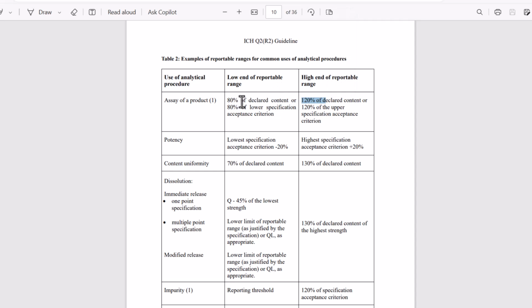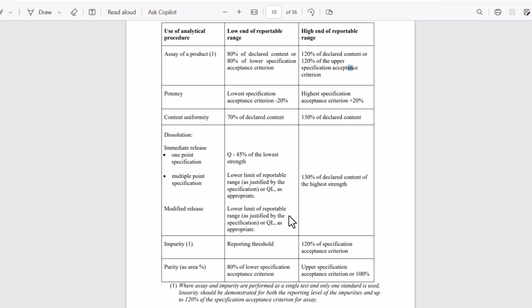So the low end is 80 and the high end is 120%. In case of potency, low specification minus 20% to highest specification plus 20%. So it is always something more than the actual specification as the high end reportable range. Here 20% higher, 20% higher, 30% higher in case of content uniformity.